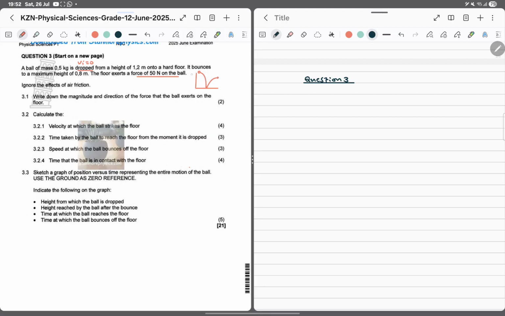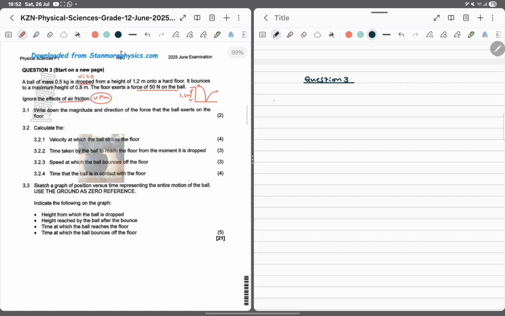Okay, so technically this would be the height, which is 1.2 meters. Okay, so that's what we have. Now we are to ignore the effects of air friction, so we are doing VPM. We know the only force acting here is the gravitational force.